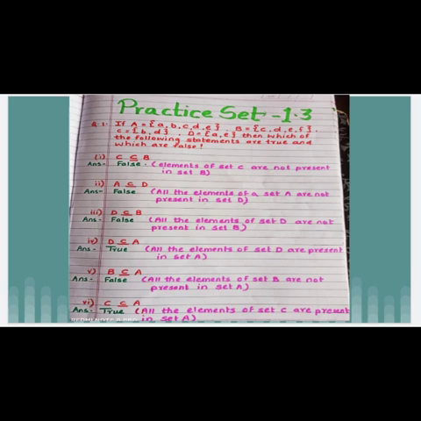Okay. So now here in the question they have given us 4 sets, set A, set B, set C, set D. Related to these sets they ask 6 sub questions and we have to give the answer as true or false. Okay. In brackets I mention the reason to help you understand.